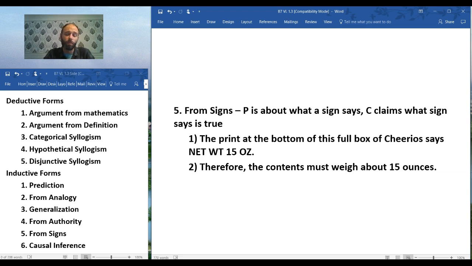Therefore, the contents must weigh about 15 ounces. So the premise tells you what the box says. The conclusion says that must be the case, right? Now, some signs you should trust, some signs you should not trust. Again, we'll talk about that in the next section. But for now, just notice the structure of an argument from signs.